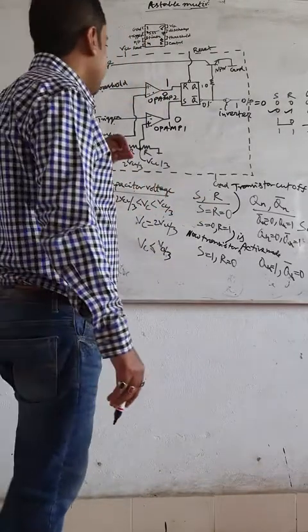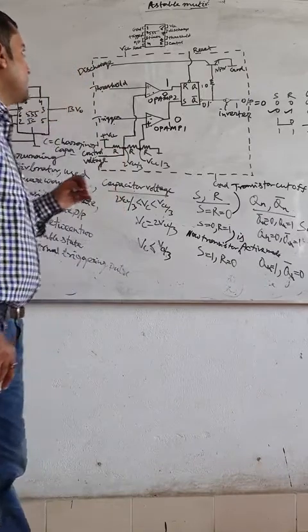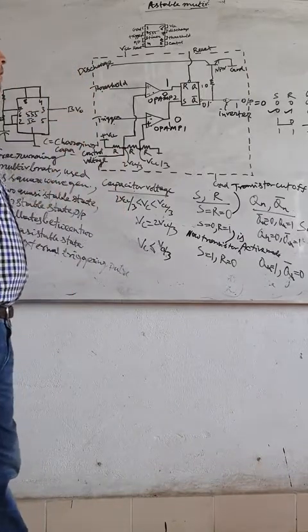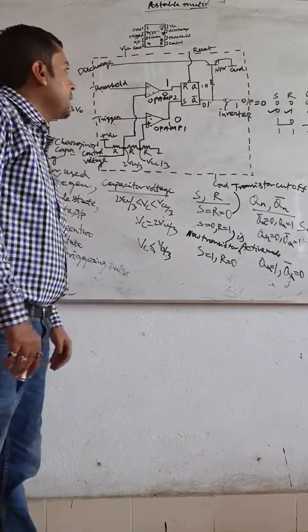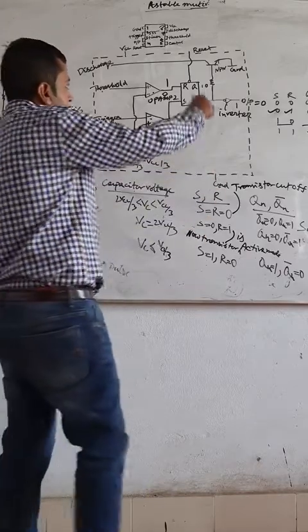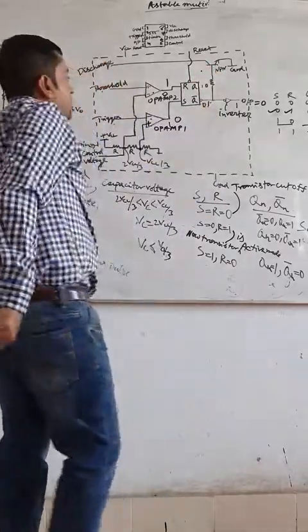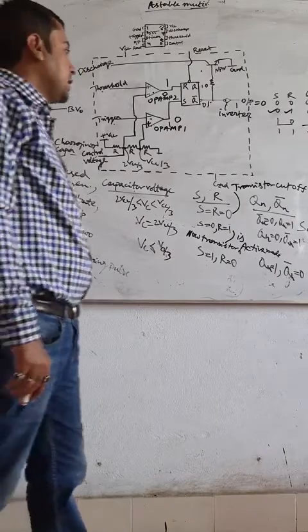So the capacitor now starts discharging through the discharging path, because the transistor is in active mode. The collector base junction of the NPN transistor is in forward bias.